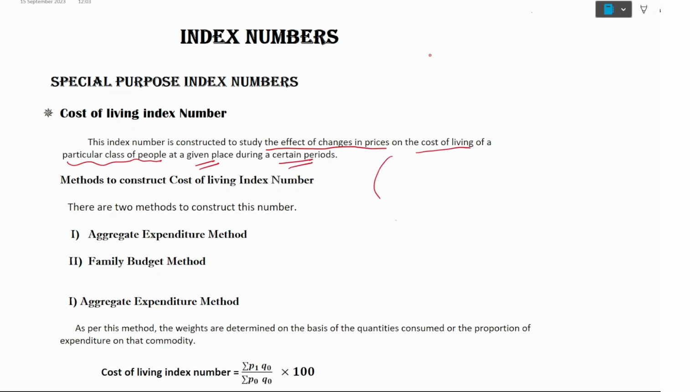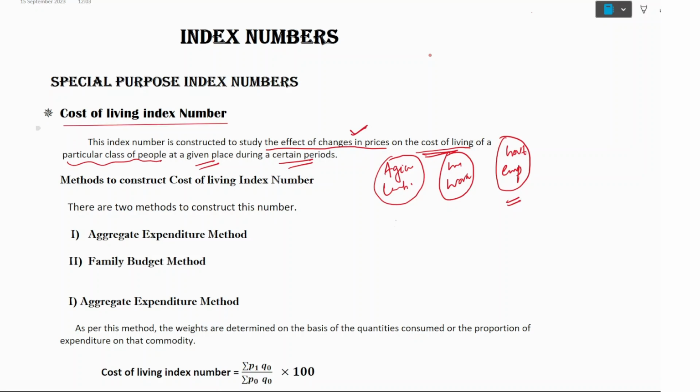If you consider people living in a city, you can compare two cities, or consider agricultural labourers, industrial workers, or a particular class of people such as government employees in a particular area. If you are going to study the effect of changes in prices which affects the cost of living, that index is called the cost of living index number.